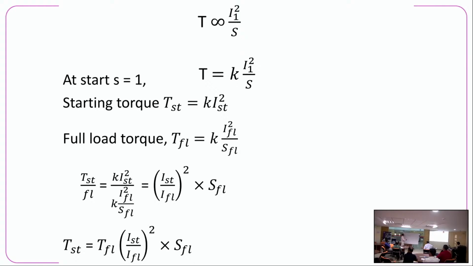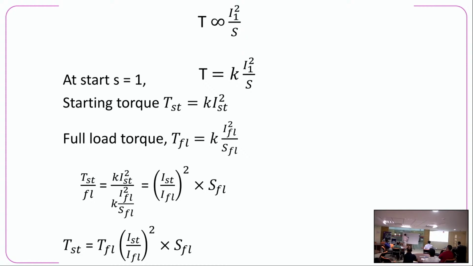Air gap power is 3 I2 square into R2 by S. R2 by S is the resistance and the current is I2, so I2 square R2 by S, or I2 dash square R2 dash. So this is the air gap power.